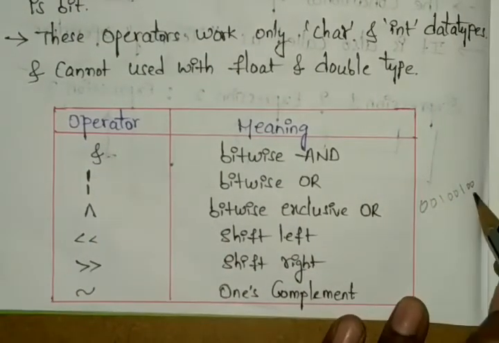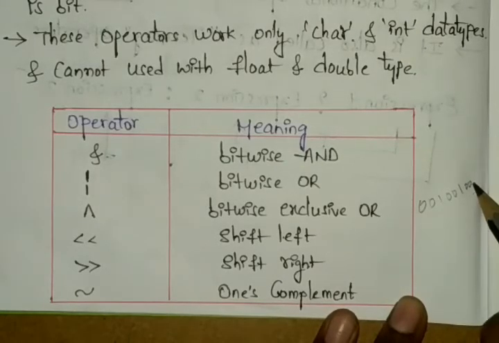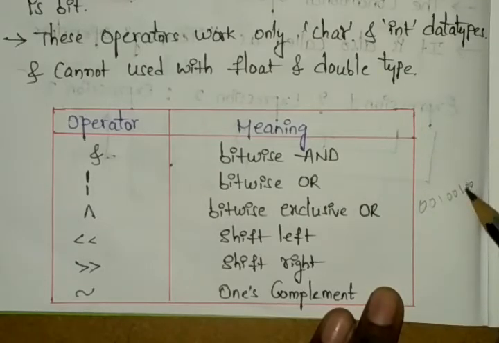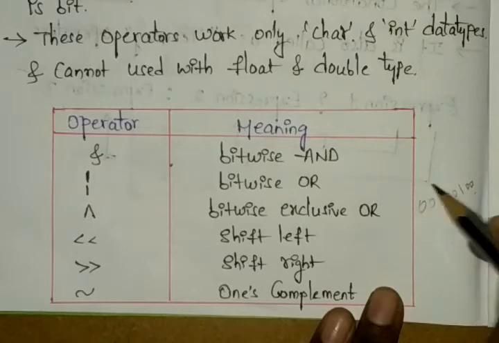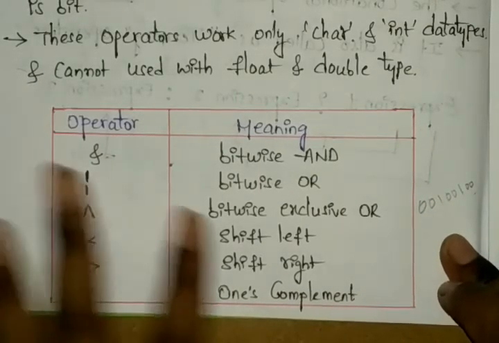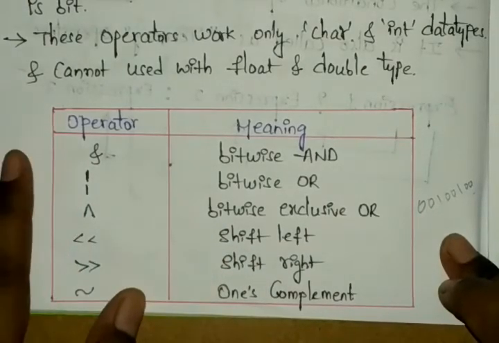You can calculate these values with the formula, like 2 power 0, 2 power 1, 2 power 2, 2 power 3, 2 power 4, 2 power 5, 2 power 6, 2 power 7. If you calculate that, you will get some value, right? Like that the bitwise operator performs on this.